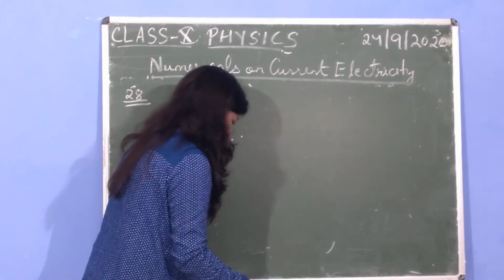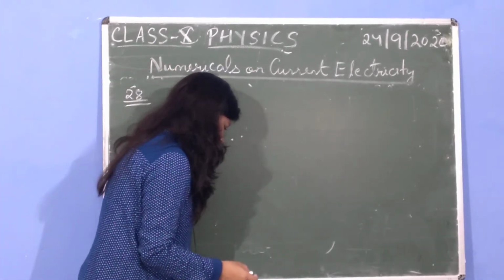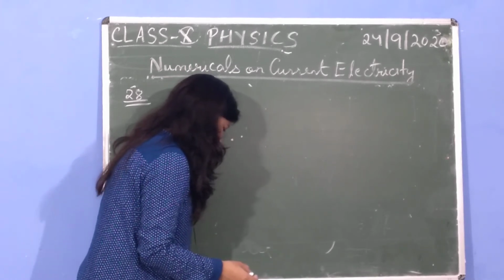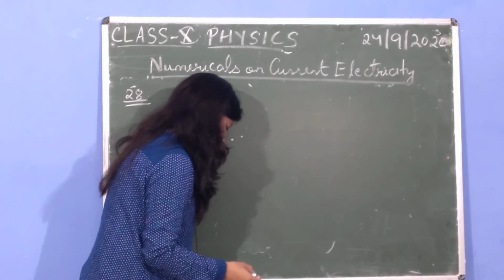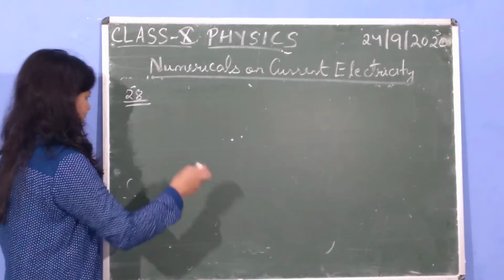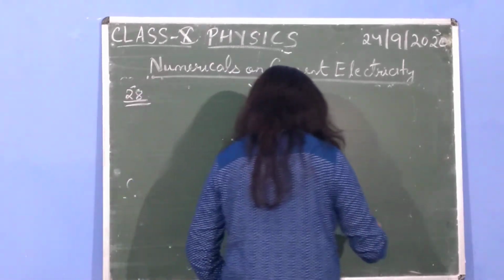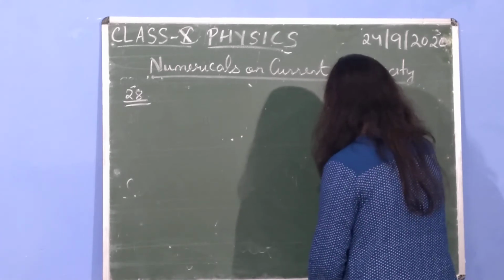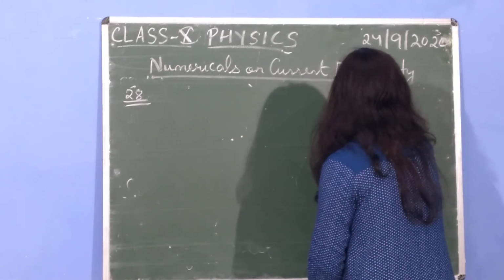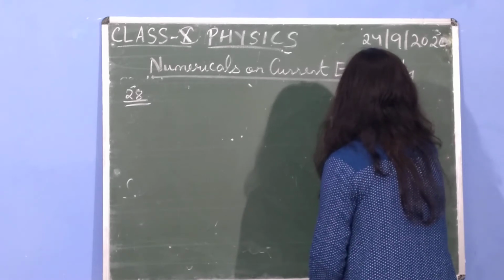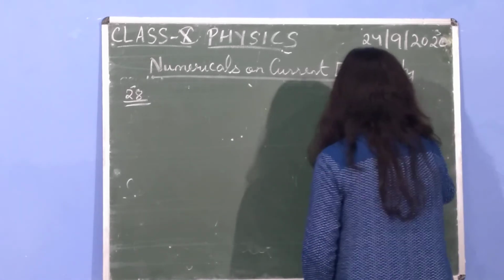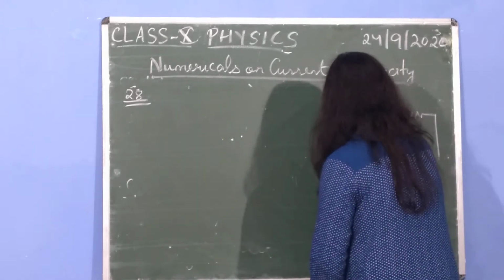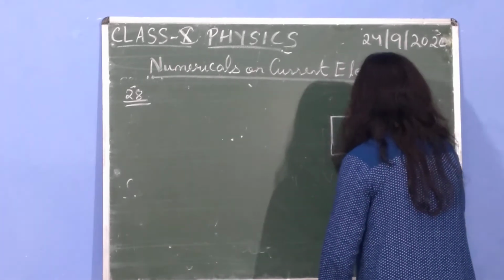In the circuit diagram, 3 resistors are connected to a battery of EMF 2 volt and internal resistance 3 ohms. So the diagram is given like this to you. And 4 ohm is in series with this combination and the supply is here.